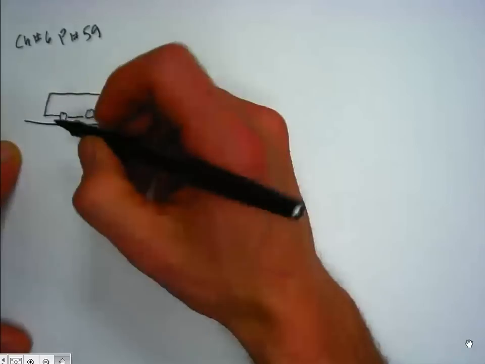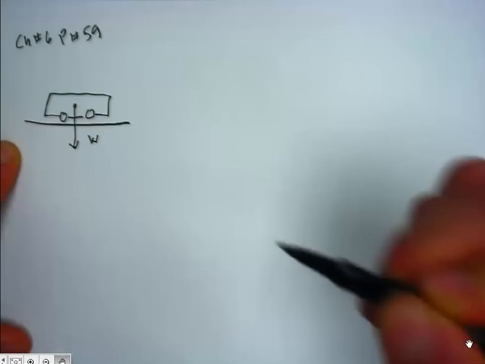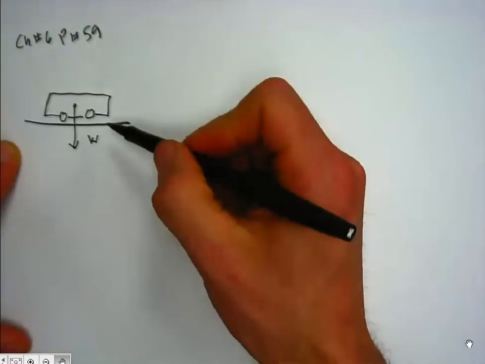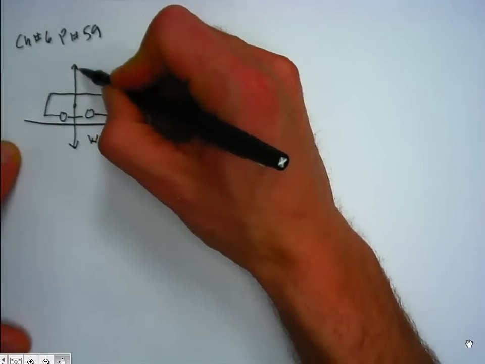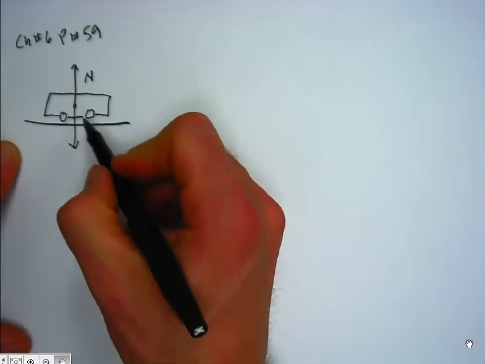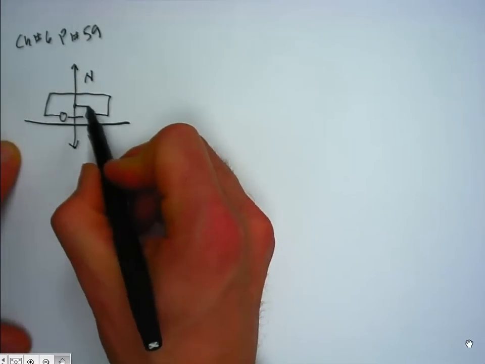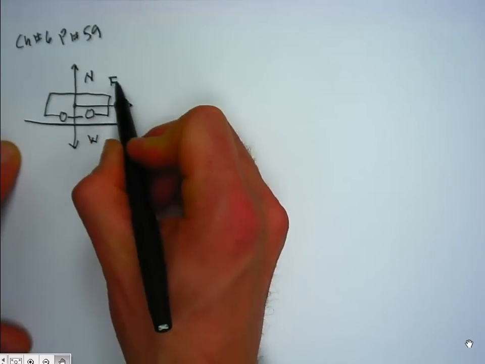All right, let's start, as we always do, with a good old free body diagram. So we got our very aerodynamic car here. We got weight going down. We've got our normal force up. The engine is exerting some type of force on the tires, which is making the car go forward, right?